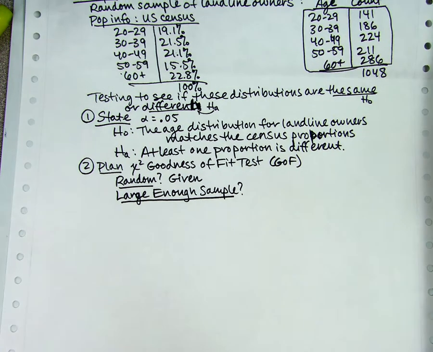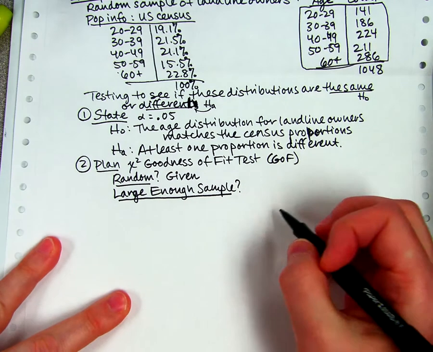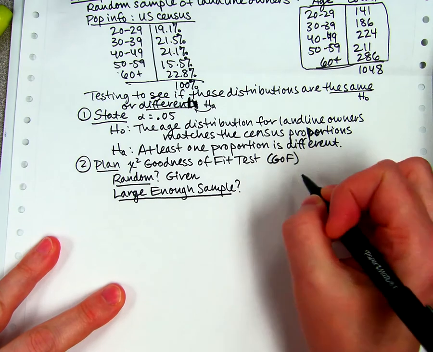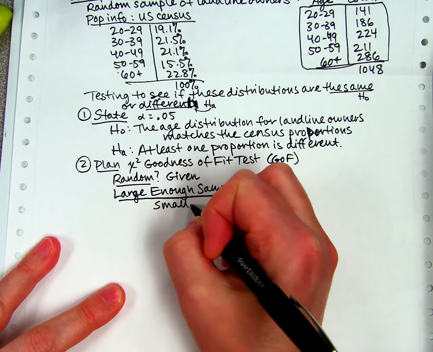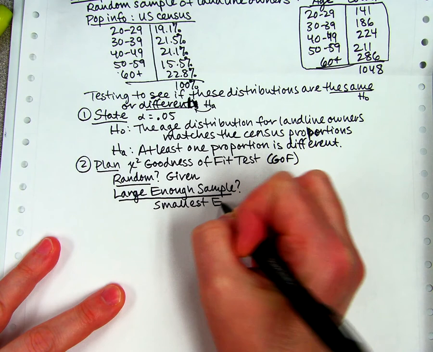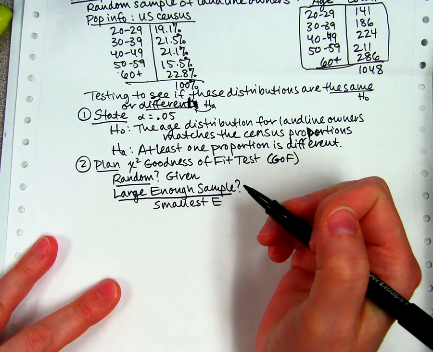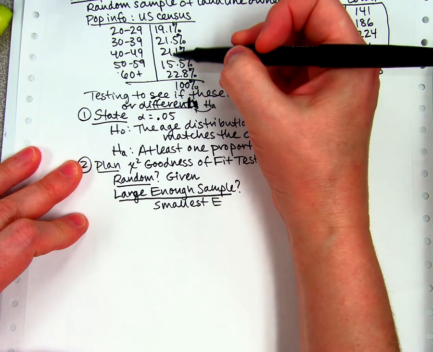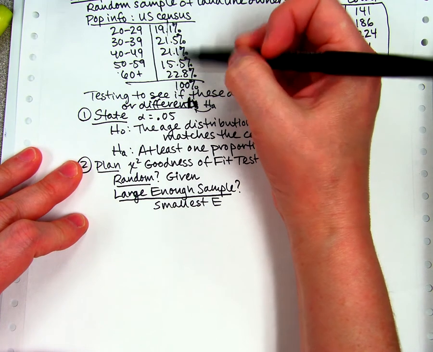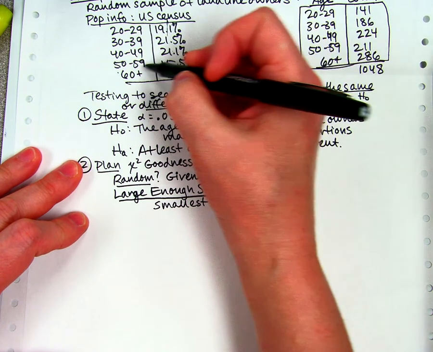And I'm going to calculate my expected counts. Or better yet, I'm going to calculate the smallest expected count. So I'm going to say the smallest of my E values. And you're eventually going to have to calculate all of them, but I'm going to just do the smallest one for now. The smallest one would come from the smallest one of these. The smallest category of people is the 50 to 59-year-olds.